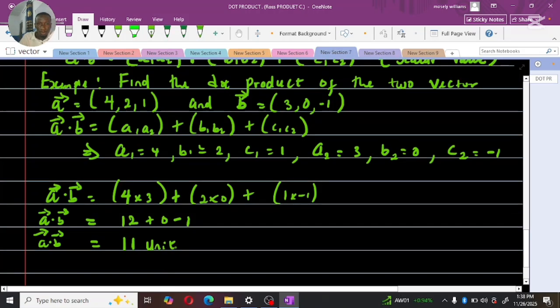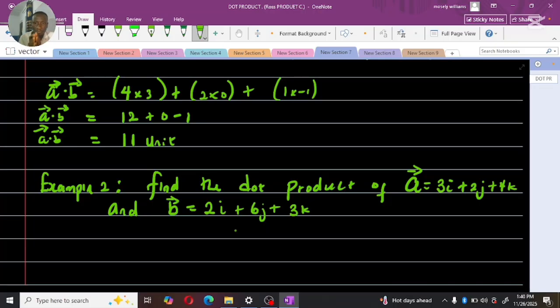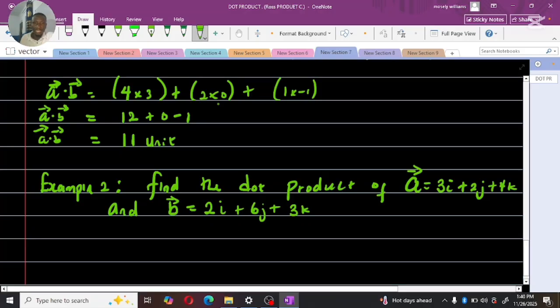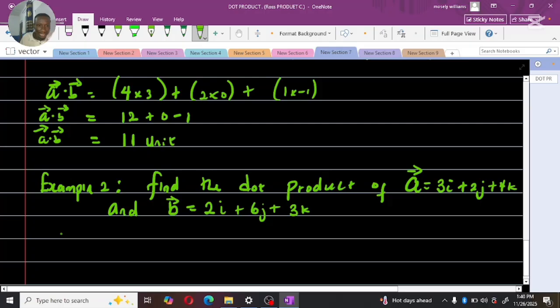So let's take another one. The question can also come in this format. So what do we need to do? It is very simple. You can change it to look like what we have initially. So we can rewrite that as A: 3, 2, 4, and vector B will be 2, 6, 3.